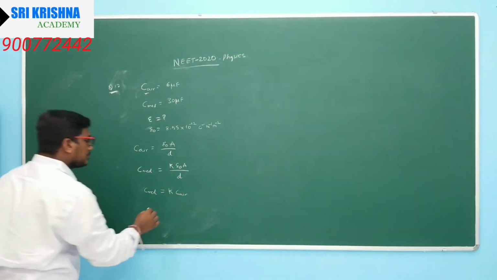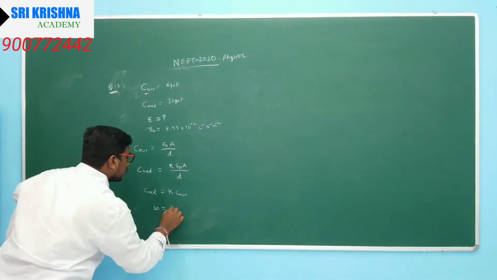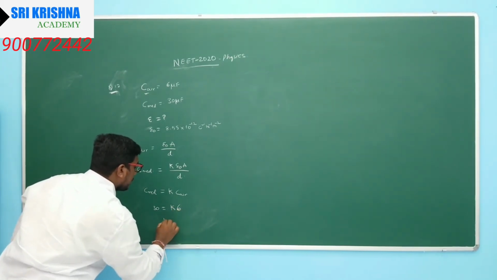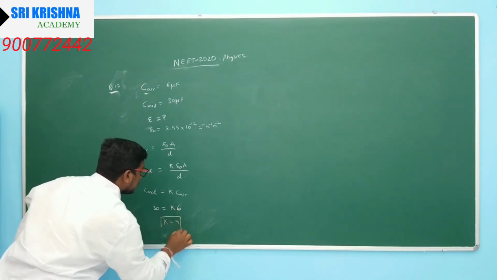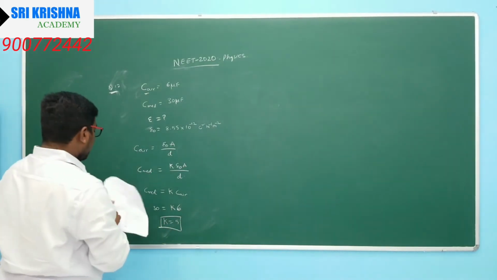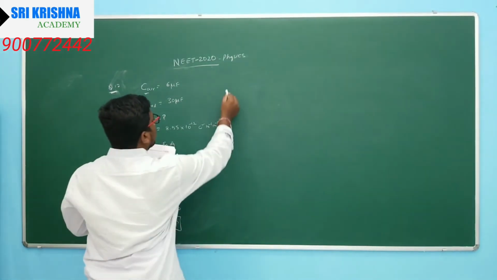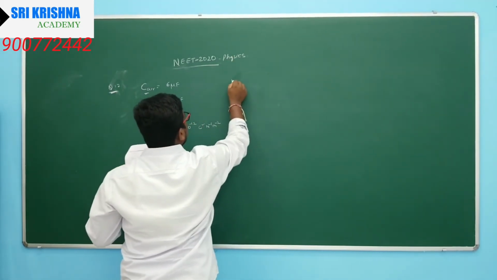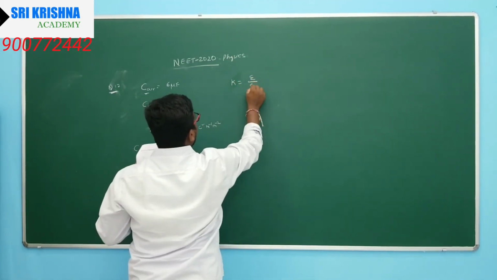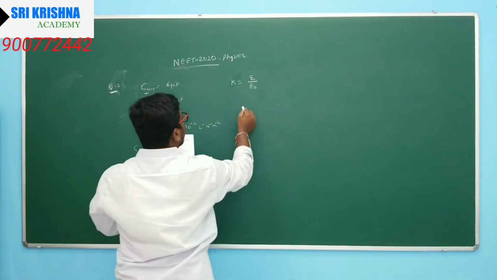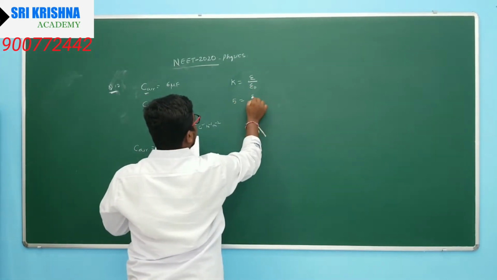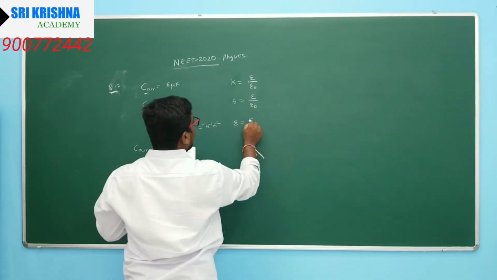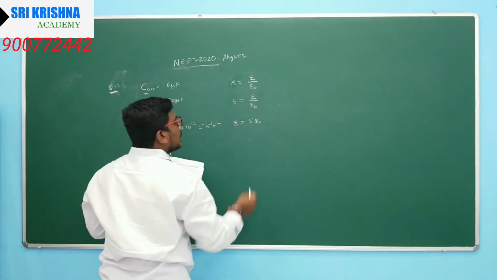So 30 is equal to K into 6, so K is 5. What is this K? It is a ratio of permittivities. K is epsilon by epsilon naught, so 5 is epsilon by epsilon naught.